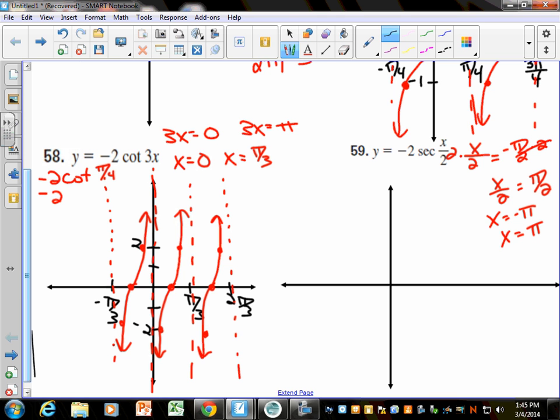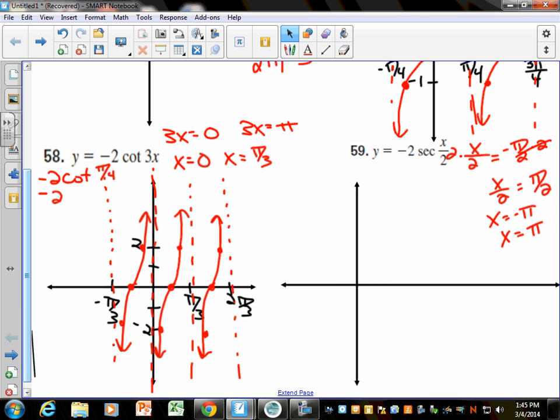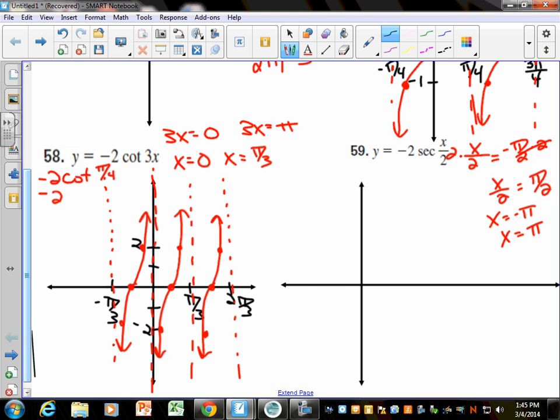And this one's a little bit trickier to get 2 full periods in. If I do this as negative pi, and I do this as pi, that should make those closer together, but that's okay. Again, just like tangent, you skip the one in the middle.